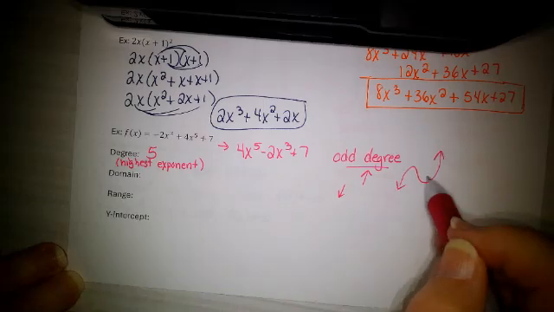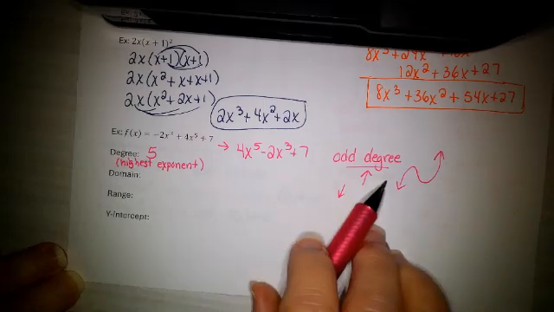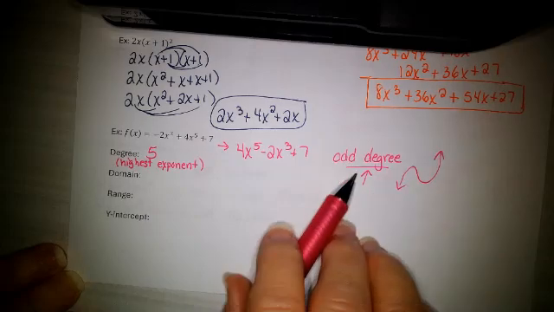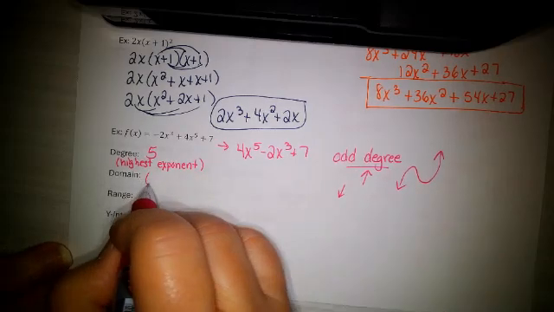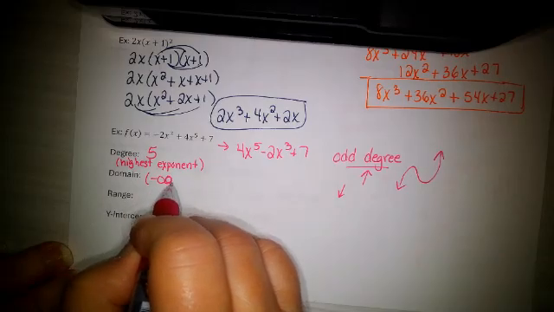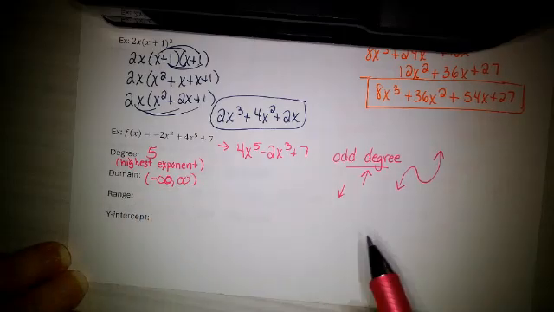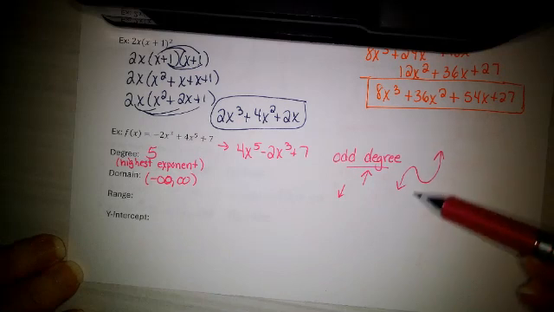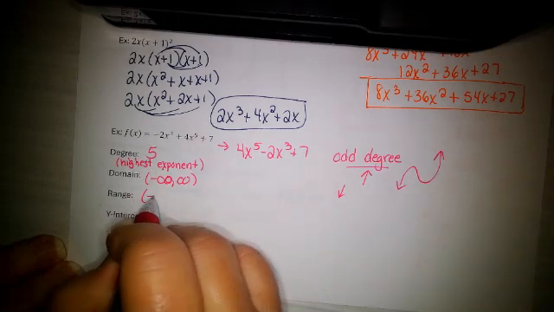It might have a couple of little bumps in it. But no matter how you slice it, the bottom's down and the top is up. So it's everything in between, all real numbers. And the same for the range. If I go bottom to top, it's going to cover everything. So all real numbers.